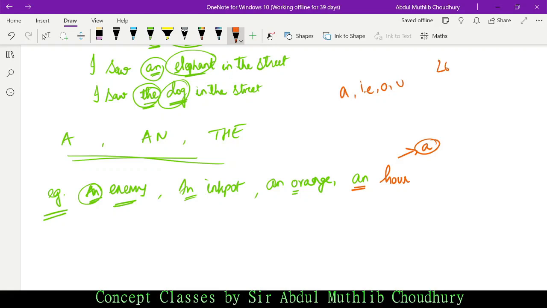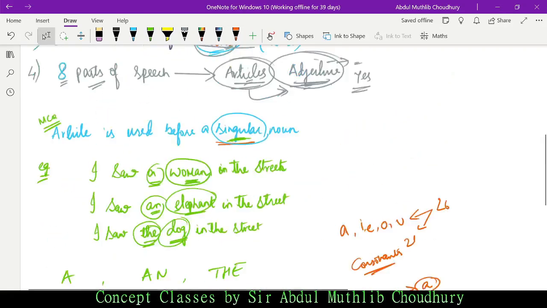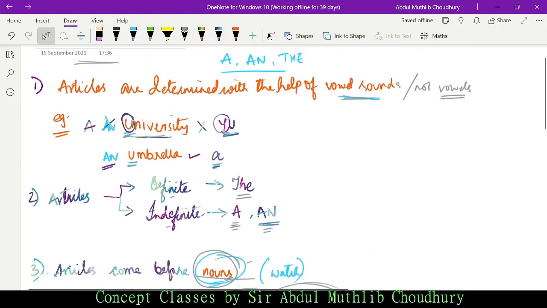Out of 26 alphabets, 5 vowels and 21 consonants. You all know, right? So H is a consonant, yet I have used an. Why? Because hour is pronounced as our, which gives a vowel sound. Remember the first statement: articles are determined with the help of vowel sounds, not vowel letters.